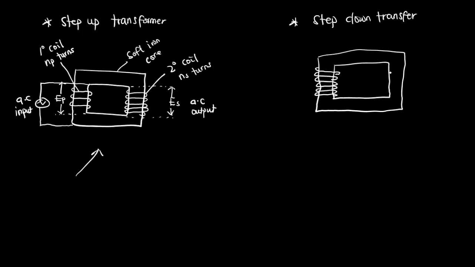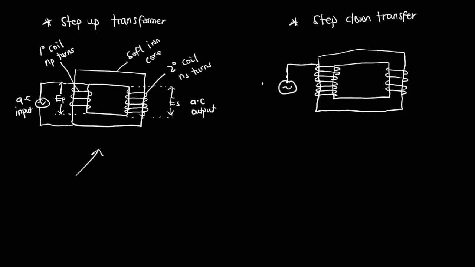But on the secondary side we have just a few turns, something like this. Let me even add more here. If you look at this, obviously the number of turns on the primary side is more than on the secondary side. So let me complete the drawing.